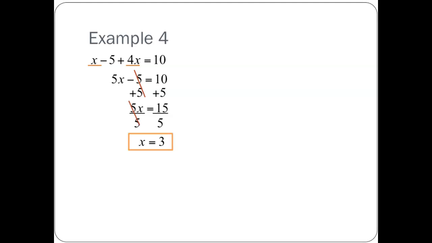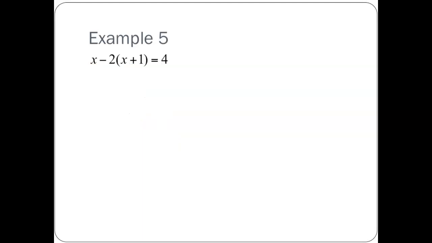All right, example 5. We have x minus 2 times, parentheses, x plus 1 equals 4. Let's start by distributing that negative 2. So this becomes x minus 2x minus 2 equals 4. Let's see if there are any like terms. The x and the minus 2x are like terms. We can combine those and we end up with negative x minus 2 equals 4.